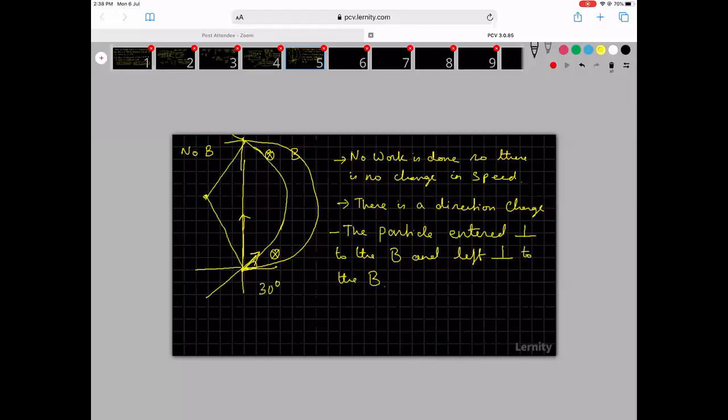Now, the angle at which it entered the magnetic field will be the same as the angle at which it will leave the magnetic field. Please understand that this is 90 degrees and this is also going to be 90 degrees. So if there is a limited magnetic field, and a particle is entering that magnetic field, the angle at which it enters will be equal to the angle at which it will leave.